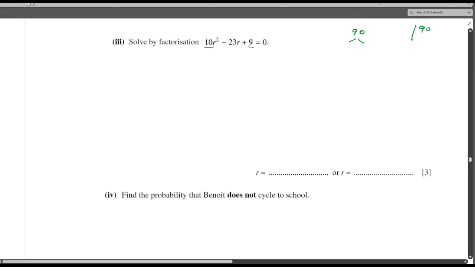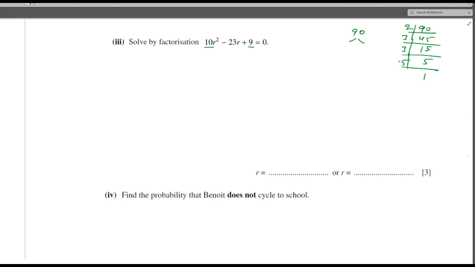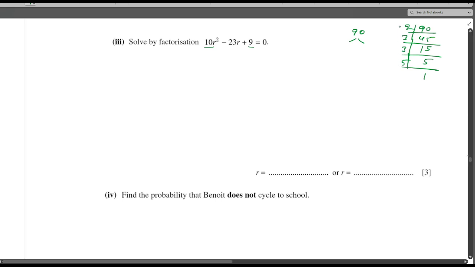So 90, if I start factorizing with 2, I will get 45. Then with 3, I will get 15. Then again 3 fives are 15, and 5 times 1 is 5. Okay, so I have to arrange these factors in two parts. Now if I take 15 and 6, it will not give me the result.